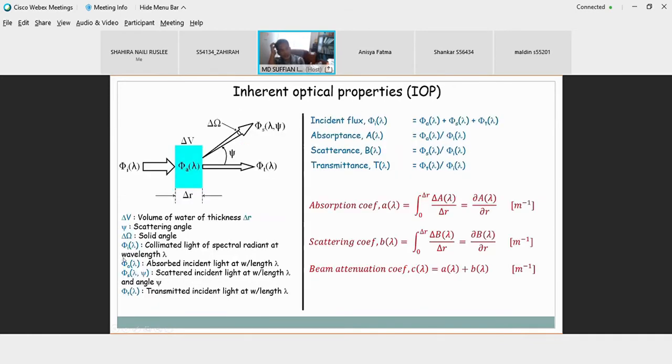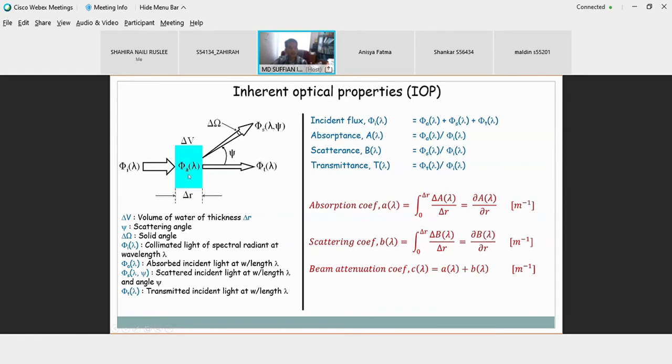So kalau kita tengok inherent optical properties, dia ada tiga yang utama: absorption coefficient, scattering coefficient, and beam attenuation coefficient. Katakan incident light hit the surface water or a volume of water of thickness R, and some will be absorbed.